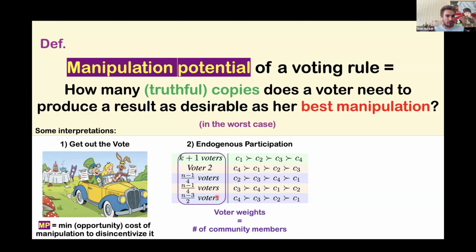So we can think of each voter as a community and their voter weight corresponding to the number of people in that community. And under this interpretation, each community, the community leaders, can instruct their community members to vote in a very specific way, but this might come at the cost of losing members who are not interested and not willing to engage in misrepresentation of their preferences.